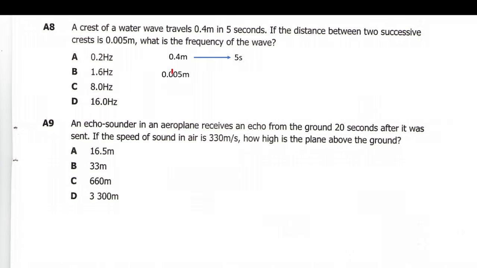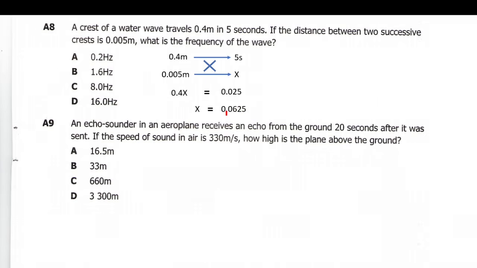Then I said, how about 0.005 meters will travel what seconds? I said x, then I multiplied, then I got this. Then I divided both sides by 0.4 to get x. Then I discovered that x was 0.0625 seconds.